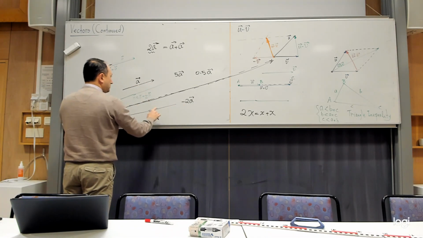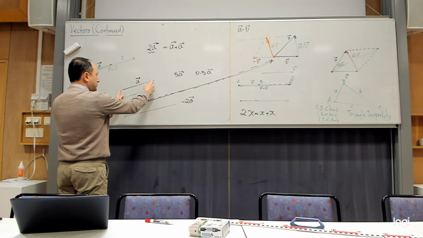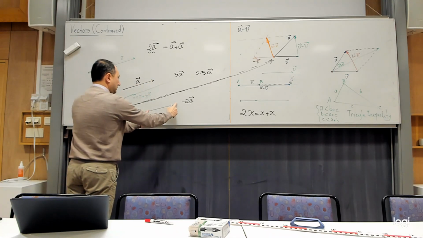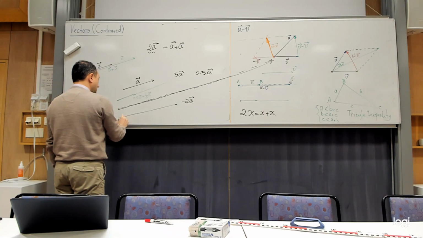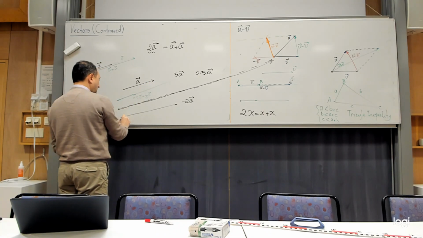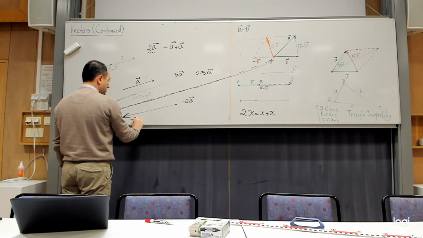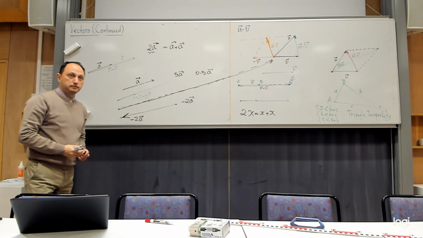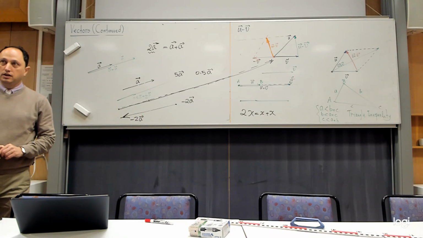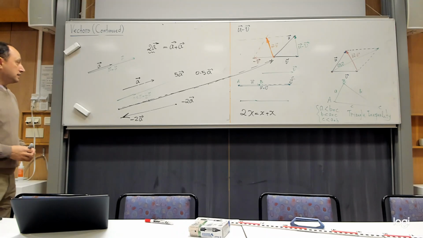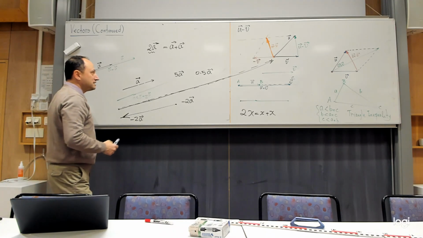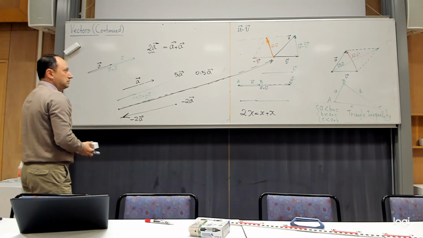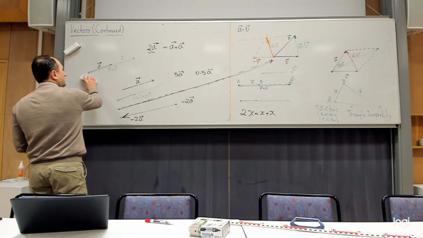I will draw a line parallel to this one. I separate 2 times of this here and there. But instead of taking it in the same direction, I take it in the opposite direction. So this becomes minus 2a. Yes? Is that clear?